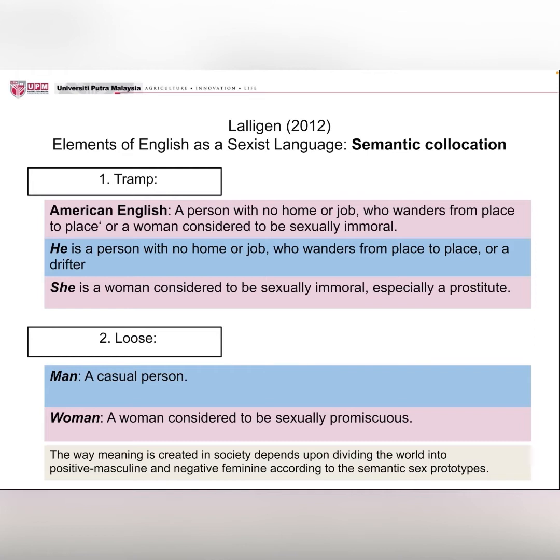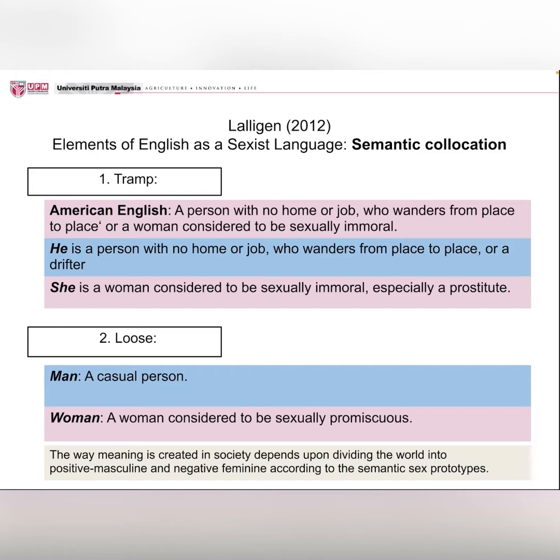For example, a prostitute. A second example of semantic collocation, as mentioned by Lelligan 2012, is the word loose. For men, it is used to describe a casual person, but for women, it refers to a woman considered to be sexually promiscuous.